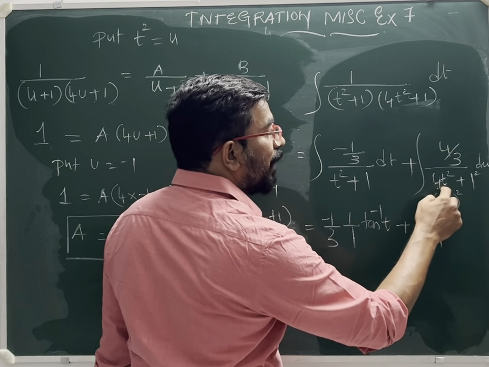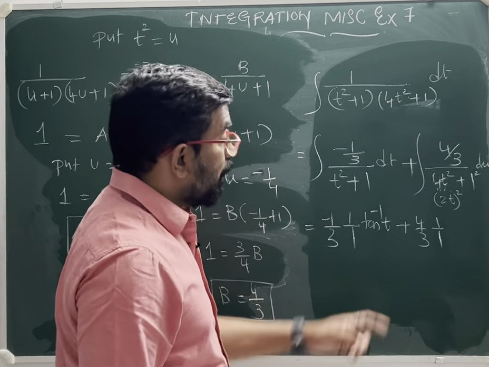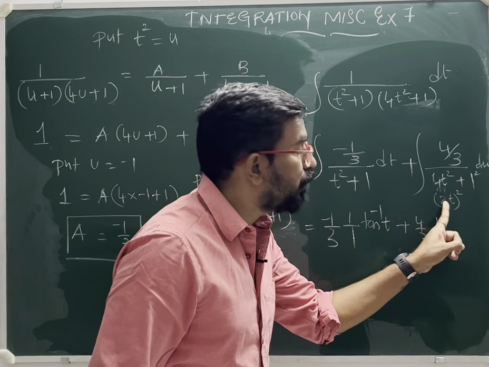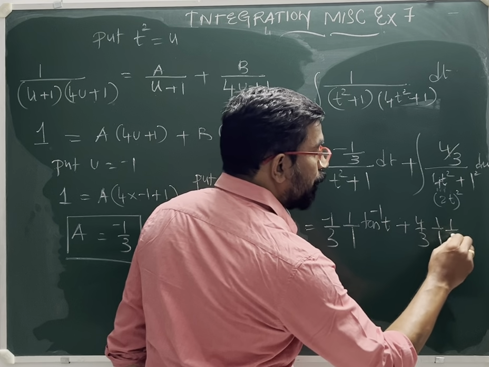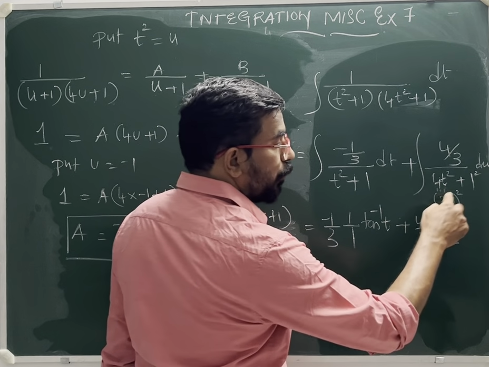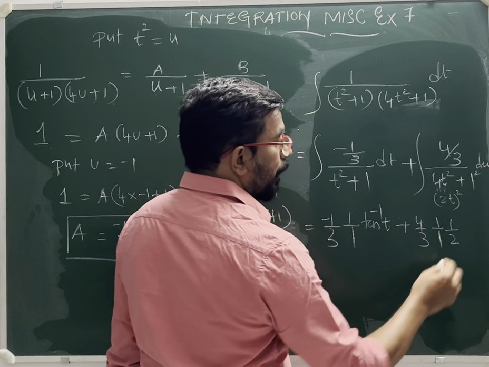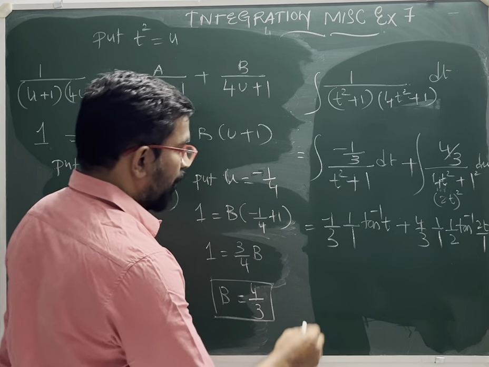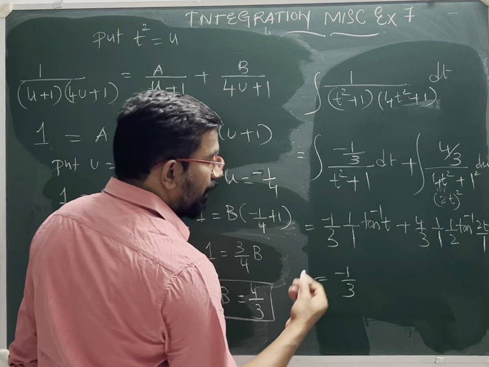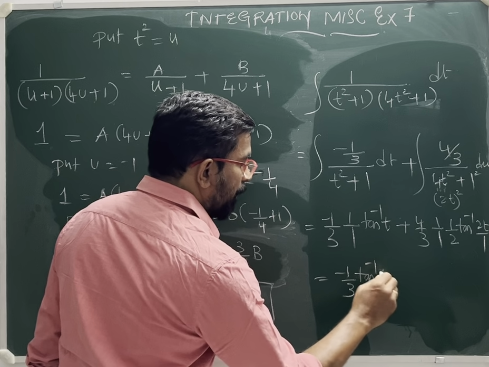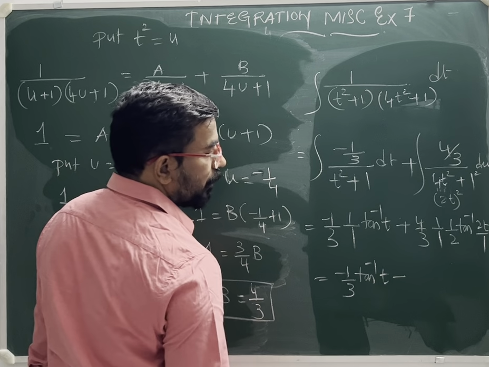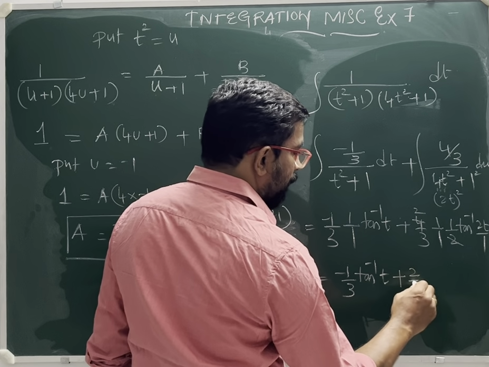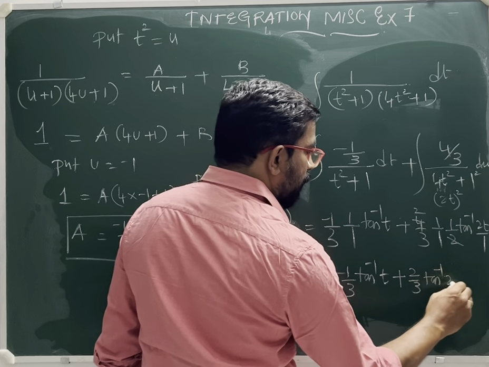Since the coefficient of x, here x is t square, in the place of x, so that is not 1, it is 2. So you need to divide by a 2 here, for 2t square plus 1. Then tan inverse 2t by 1. So if we write, we will get minus 1 by 3 tan inverse t plus, this you can cancel this 4 and this, you get 2. So plus 2 by 3 tan inverse 2t.